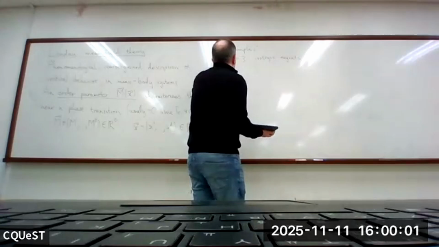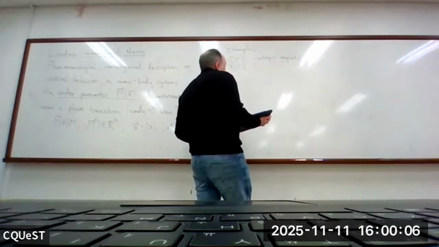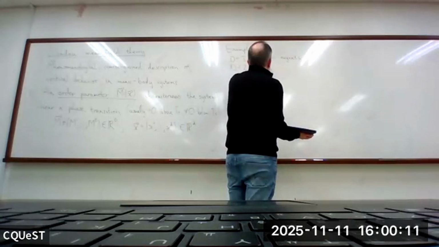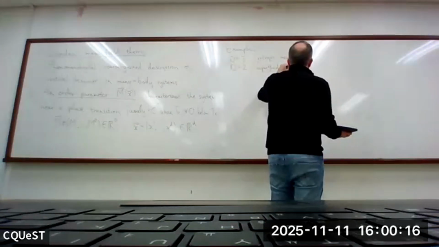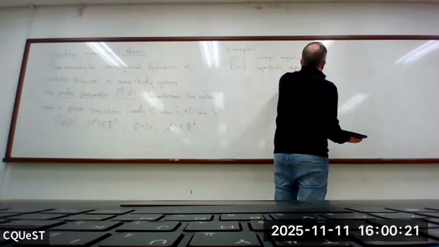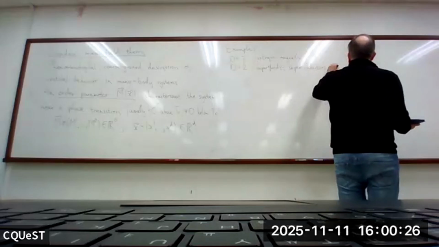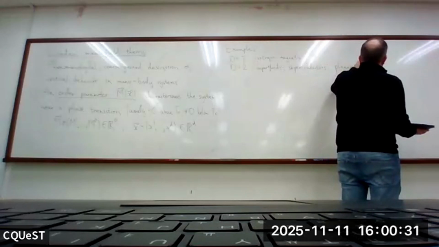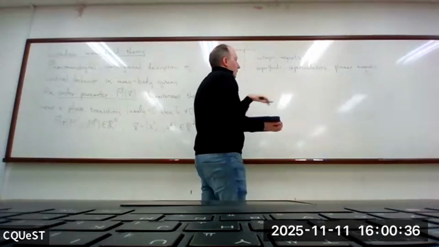Very simple. But we can also have D equals 2. This will be the case in, for example, superfluids and superconductors, and also planar magnets, so magnets where the magnetization is confined to a plane.